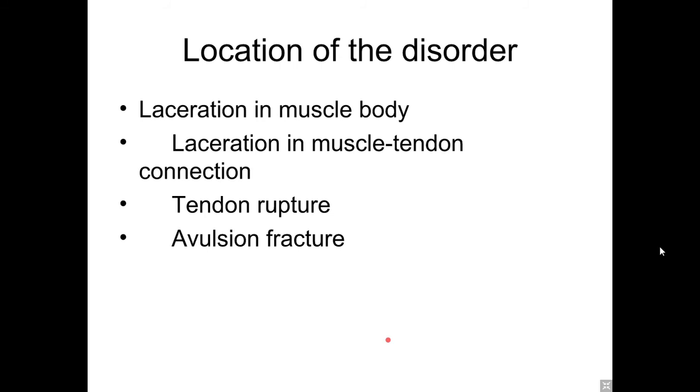Then the transition between muscle and tendon, or the part of the tendon. The tendon could be ruptured. But sometimes we could see an avulsion fracture because of strong muscular activity. That's why every part of this motor system could be involved in the injury.